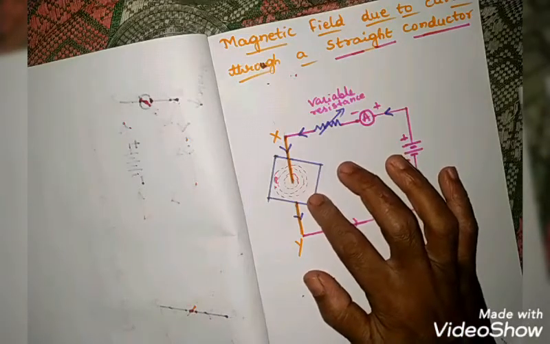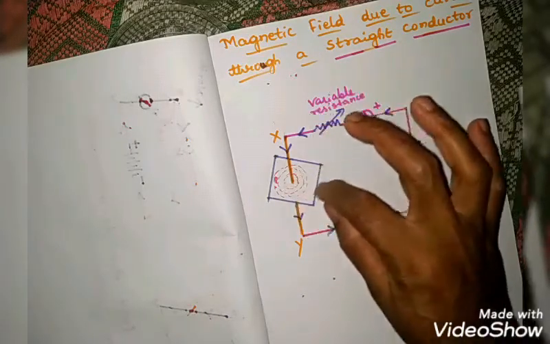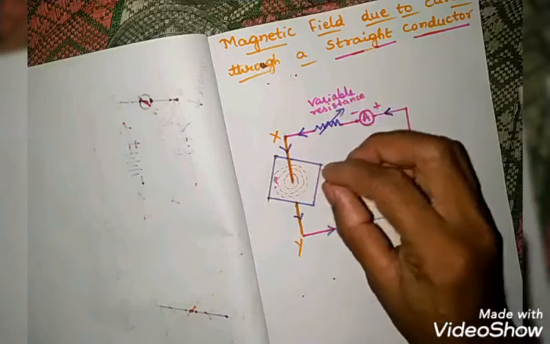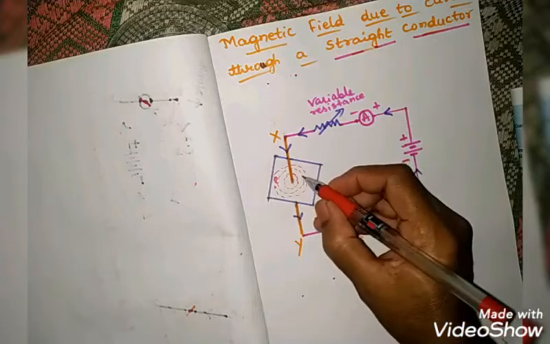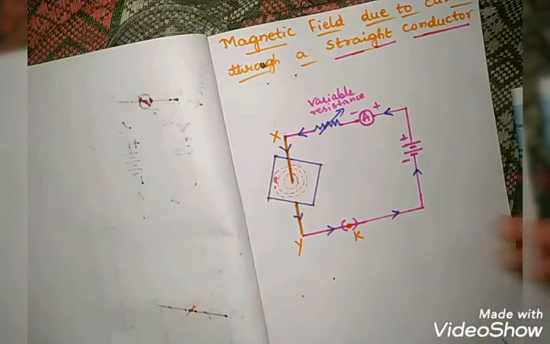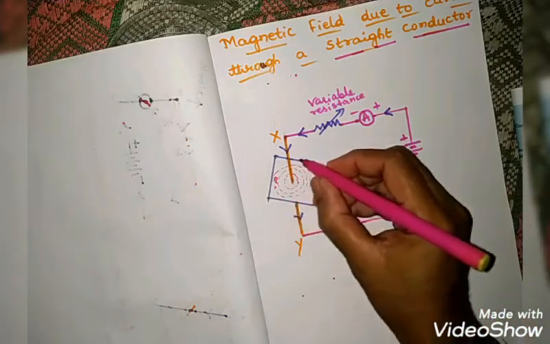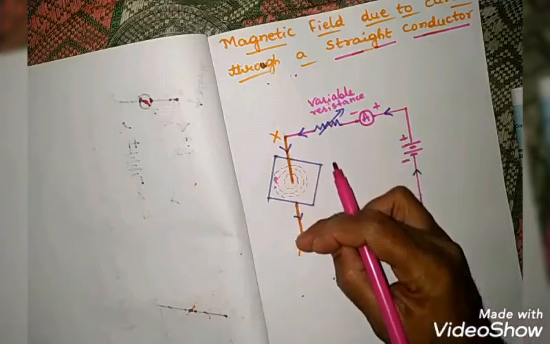When we gently tap this, the iron filings align themselves in a definite pattern around this current carrying conductor.